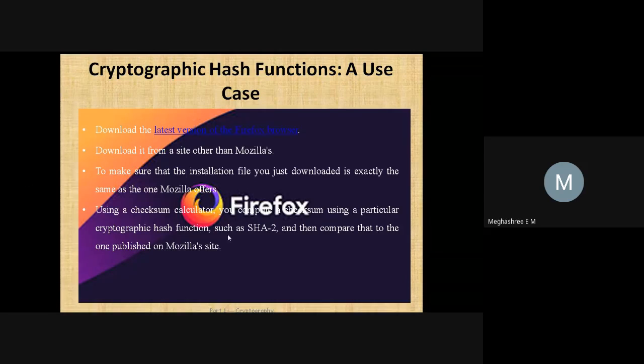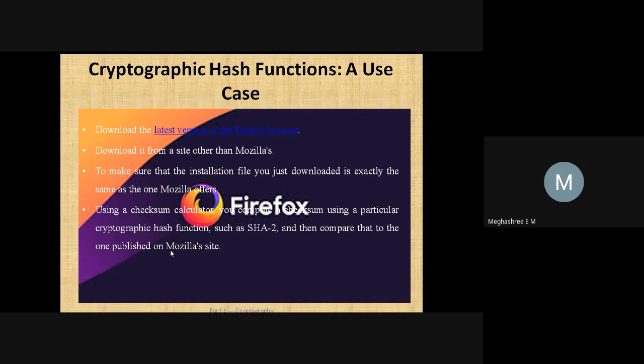When you compute it, you will end up with a checksum, which you then compare to the one published on the Mozilla site. Say you were able to get the authenticated file from Mozilla. You perform the hash function on both files and check the output.